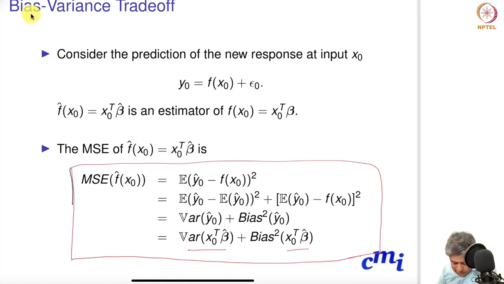The definition of the mean square error of f hat x naught is y naught hat minus f of x naught, whole square, and with a little bit of algebra, you can show that this is equal to the variance of y naught hat plus bias square. I'm not going into the derivation of this mathematics.